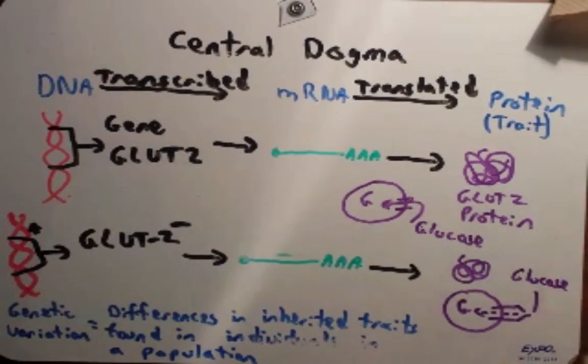So it can still get in there, but not as efficiently. So now we have a genetic variation where we have non-mutated and a mutated cell producing a protein that's a little bit different. It generates that variation within the population.